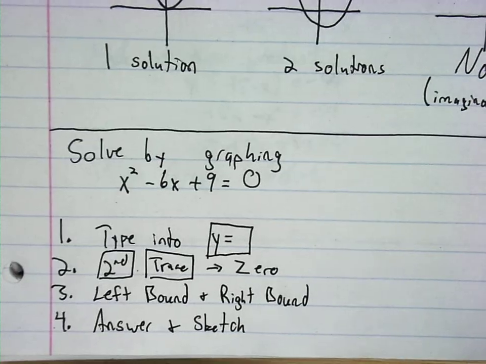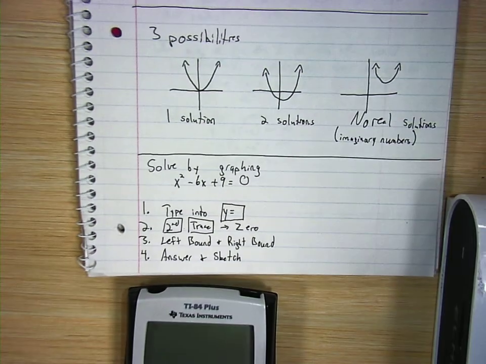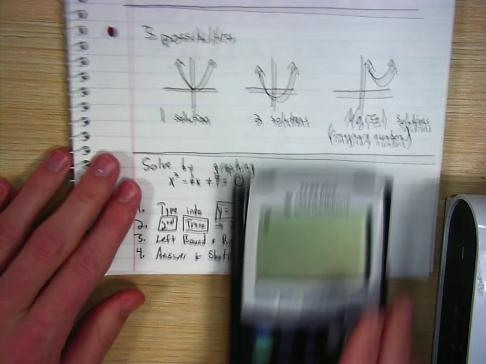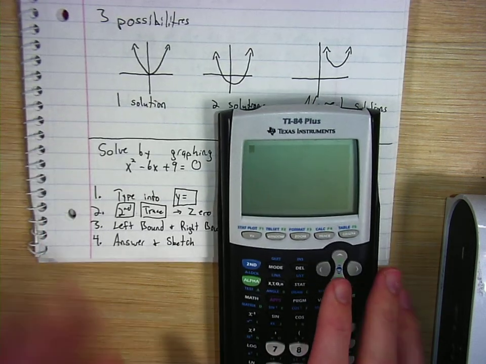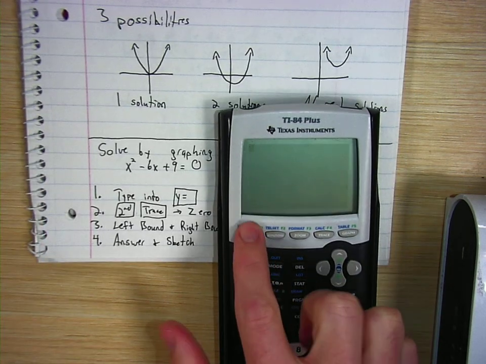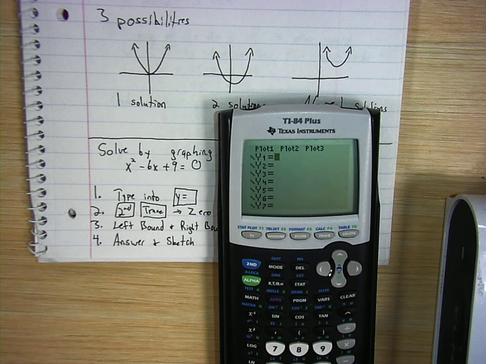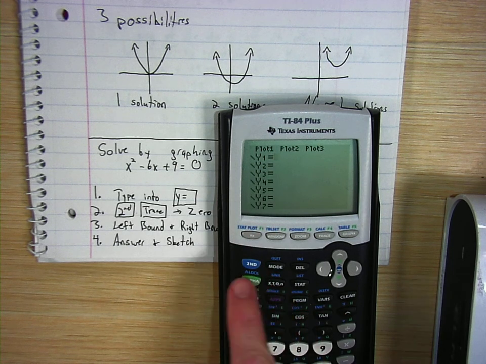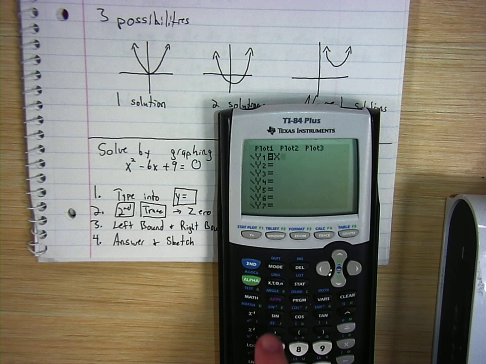I'll zoom out here so you can see the buttons I'm pushing. So step 1, we push y equals and type this in. X is right next to alpha. X squared is down here, diagonally top left from the 7.